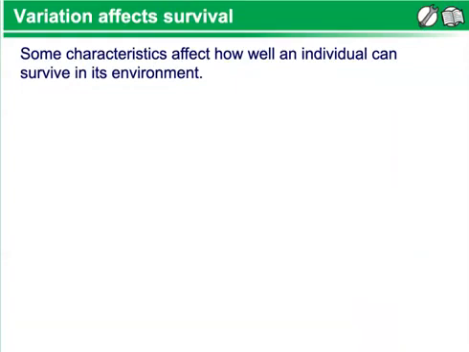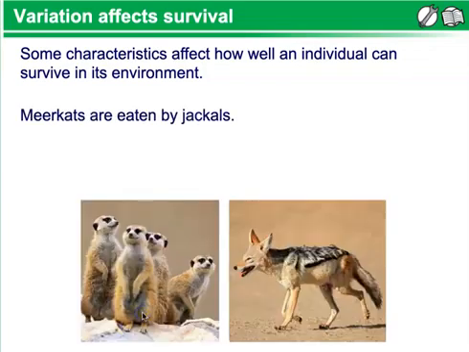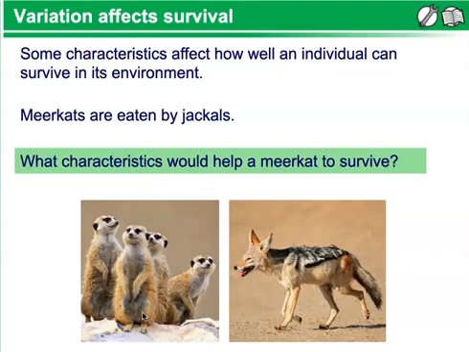Variation affects survival. Some characteristics affect how well an individual can survive in its environment. Meerkats are eaten by jackals. So what characteristics might help a meerkat to survive?